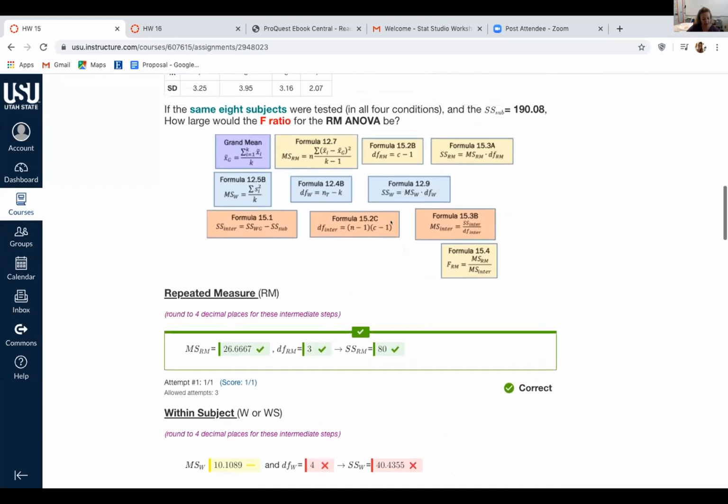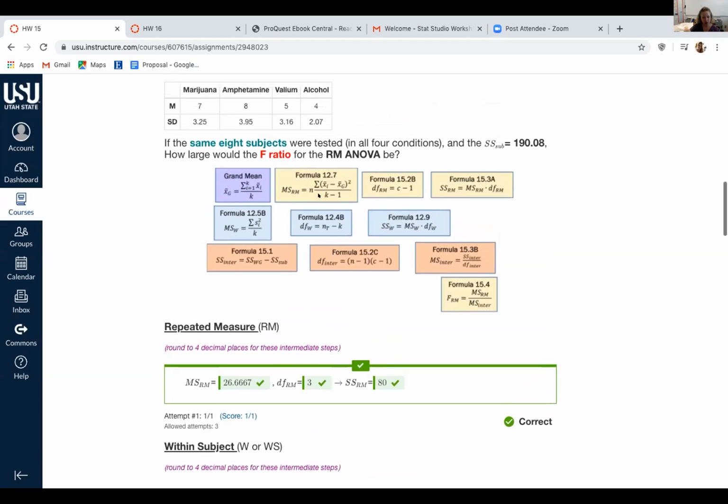So the repeated measures, the within subject. NT in this problem: you have 8 subjects, but each subject has 4 different repeats, under marijuana, amphetamines, Valium, and alcohol. So the NT is 8 times 4, which is 32. 32 subtract 4 would be 28.